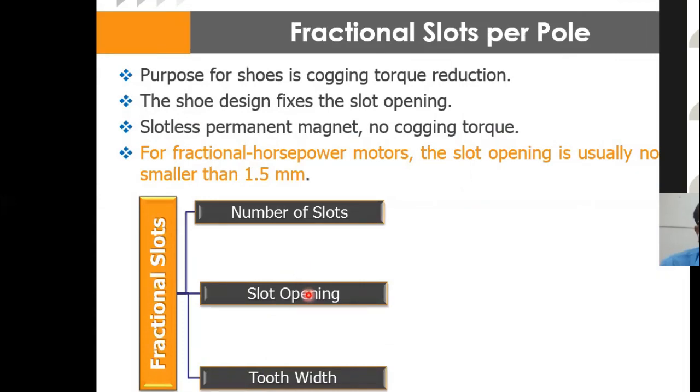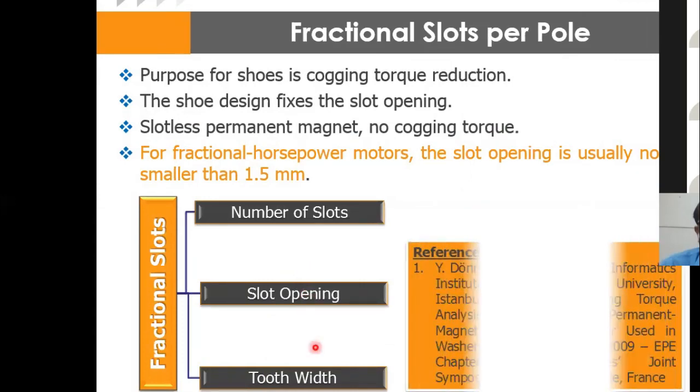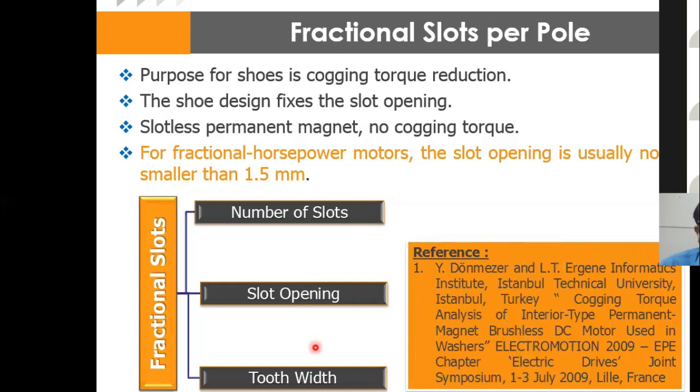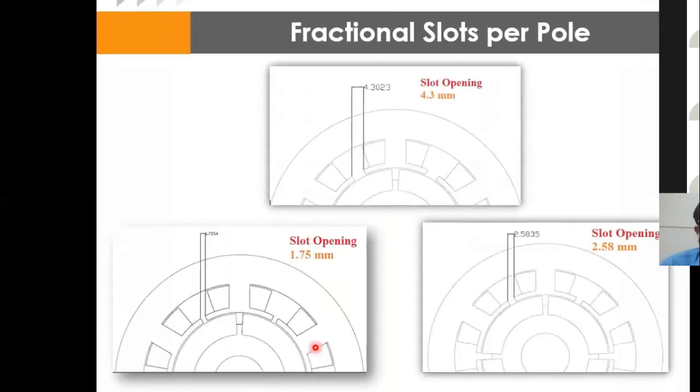So this is the logic behind this. Another two techniques; these are the references for fractional slots per pole combinations also. Here in our model, we have made the fractional slots per pole in this concept, that is, by reducing and decreasing the pole shoe length.